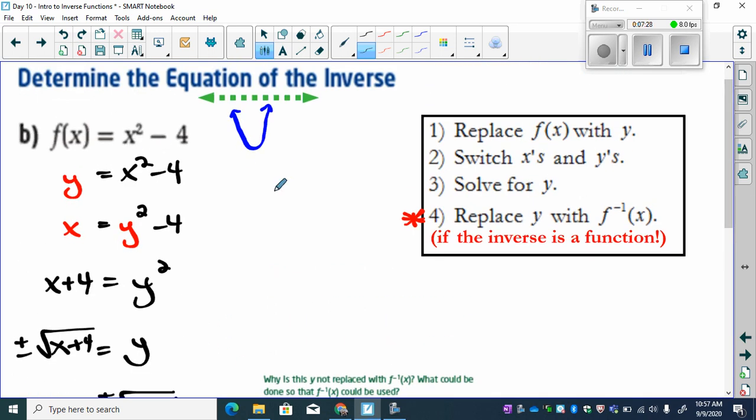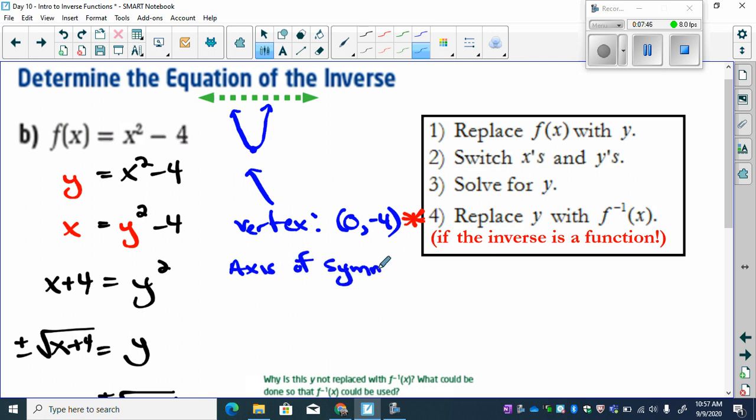Keep in mind the vertex of this. Remember from grade 11, this is kind of pre-cal 11 stuff. The vertex would be at (0, negative 4). That means the axis of symmetry, so this is also going back to our last video, would be at x equals 0.